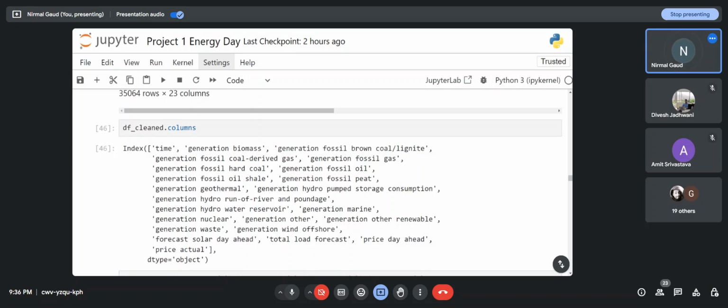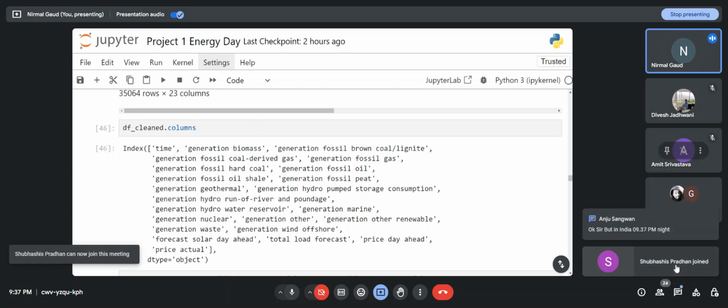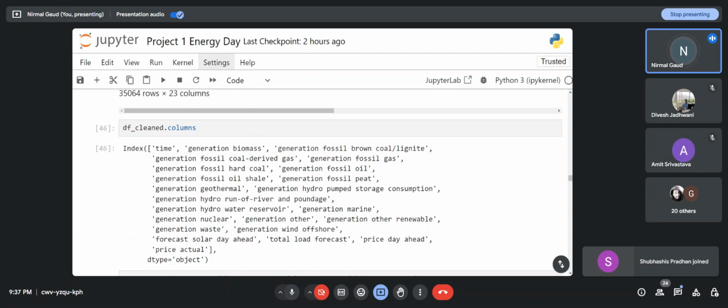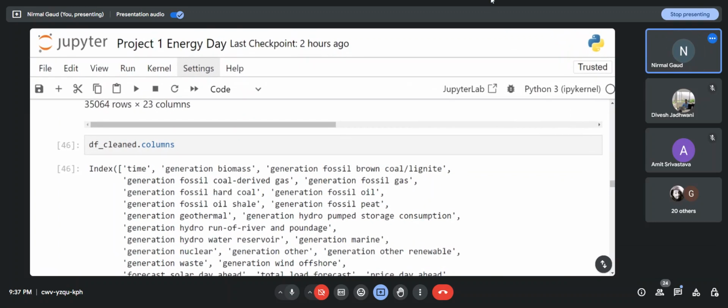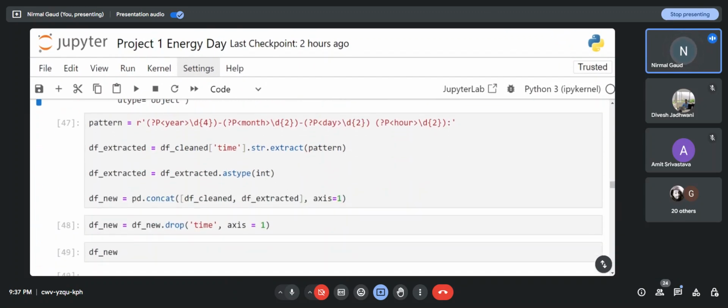So I have filtered some features from the data, and now we have only those features which are least correlated among themselves, and we have these features which are in good correlation with the target. Okay, fine. So now what we can do next is this code.